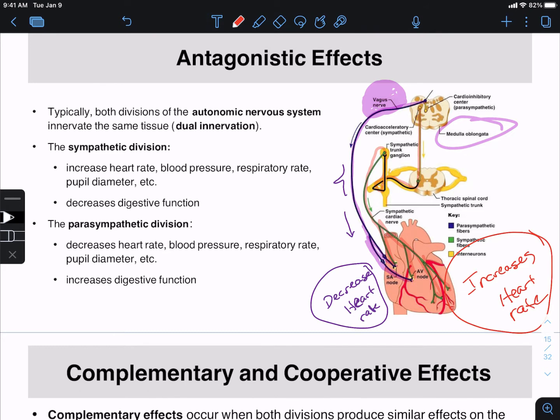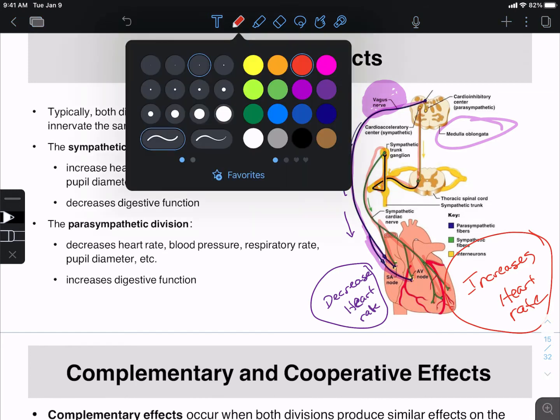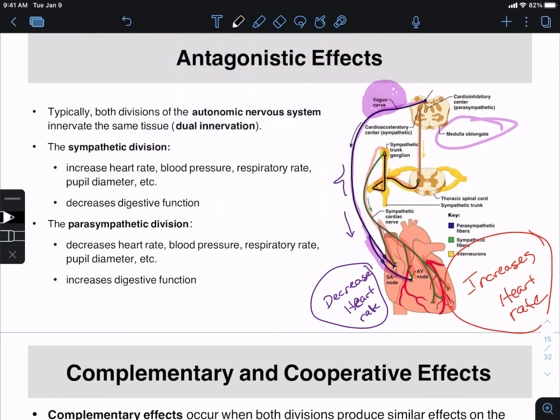So if you're driving a car and you want your car to go, especially modern cars that have these computer systems, if you're even just parked, a lot of times to get forward momentum, all you have to do is take your foot off the brake. So to increase your heart rate, in this case, step 1, take foot off the brake. And then step 2, put your foot on the accelerator.